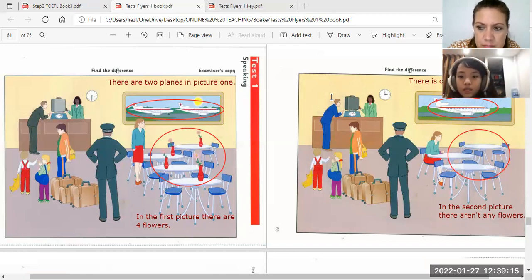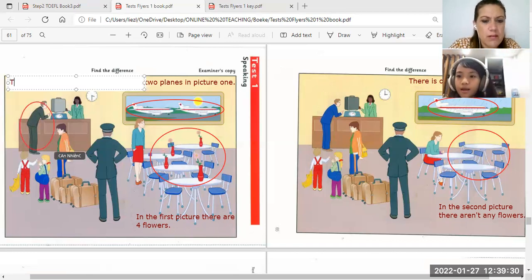In the first picture, the man is wearing a green shirt and a green pant. But in picture 2, the man is wearing a blue shirt and a blue pant.